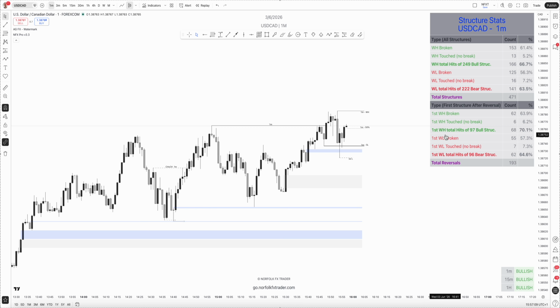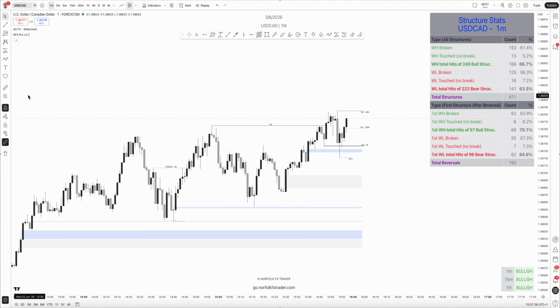And if we look at this first breakout structure, which is a change of character, our weak high hit is 70%. So when we saw this break to the upside, and this pullback down here into this area of imbalance, an area of demand, from this point we would have seen a 70% chance we would hit this weak high. That is where it's going to help you identify these types of targets, understanding where they're likely to hit.